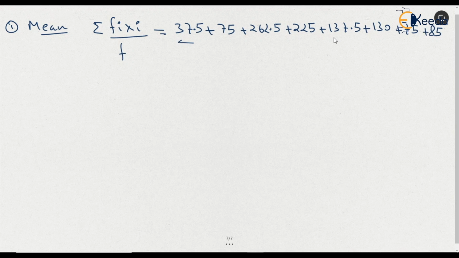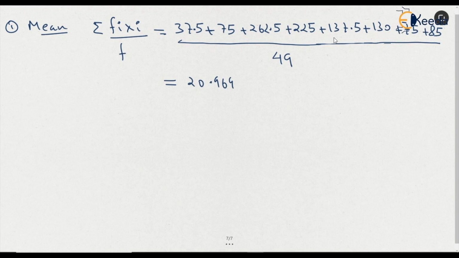The overall sum of frequency is the cumulative frequency, which is 49. This value will be 20.969.